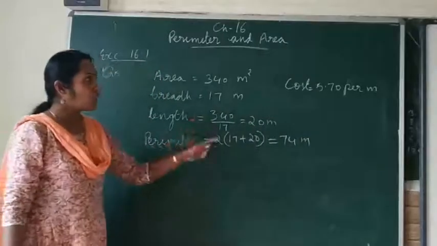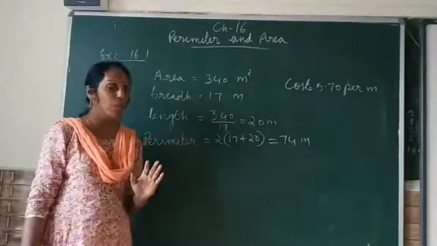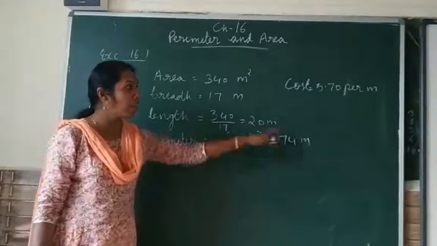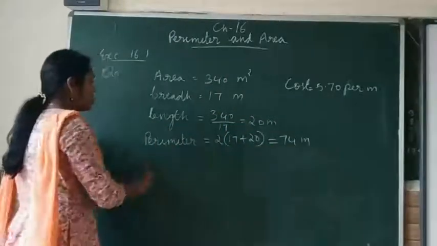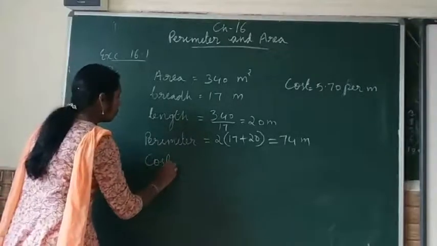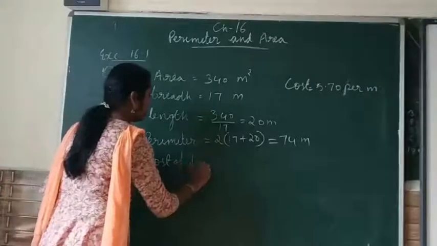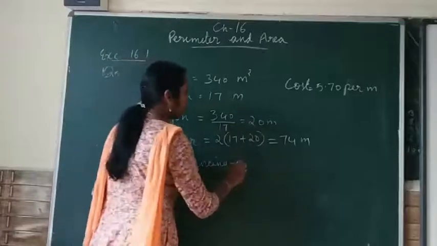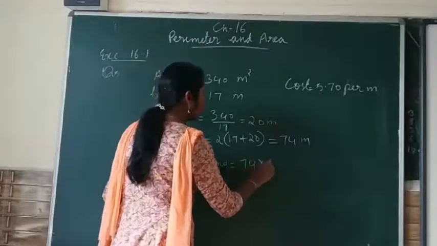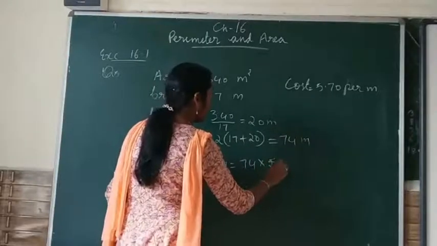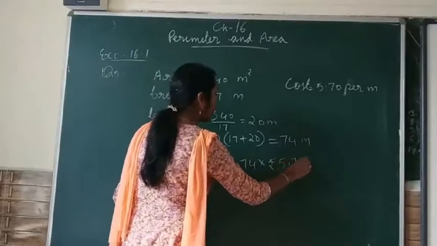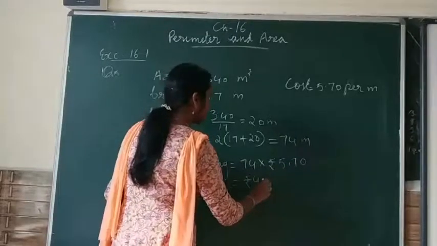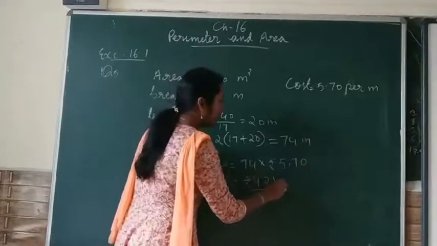Now the cost for 1 meter is rupees 5.70. That means the cost for 74 meter can be obtained by multiplying 74 into 5.70. So cost of fencing is equal to 74 into rupees 5.70 is equal to rupees 421.80.